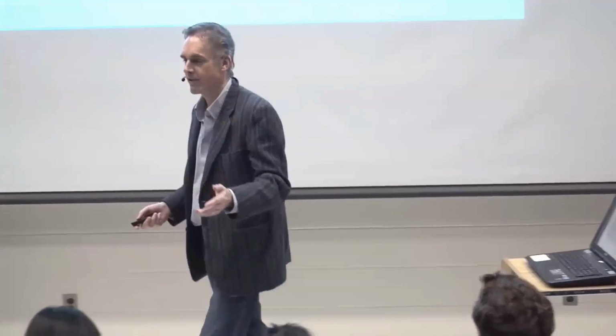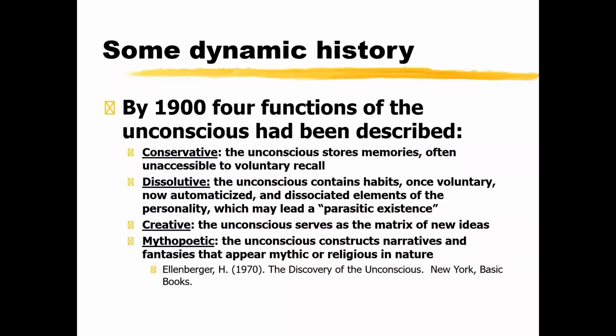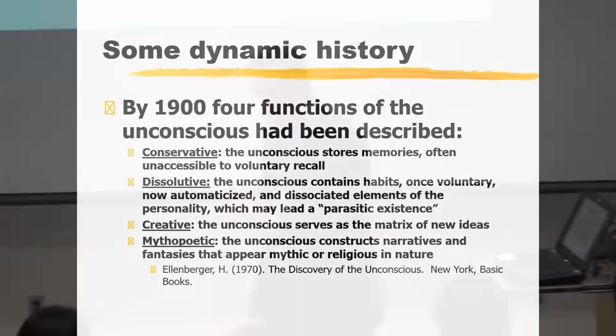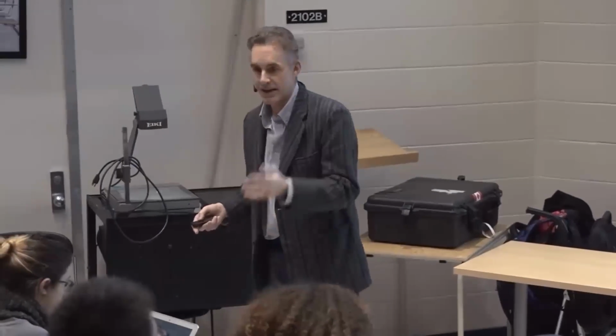Okay, so there's the memory function of the unconscious, and there's the dissolutive function. That's an interesting one. The unconscious contains habits, once voluntary, now automatized, and dissociated elements of the personality, which may lead a parasitic existence. I would relate that more to procedural memory. So what you've done is practice certain habits, let's call them bad habits, and you'd like to get them under control, but you can't.